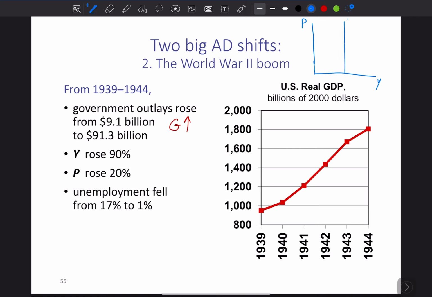Let's assume that we were at this long run equilibrium level. The economy was stable, but because of an increase in the government expenditures in this period, aggregate demand shifts to the right, okay?